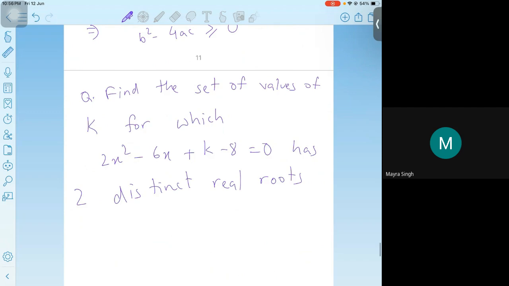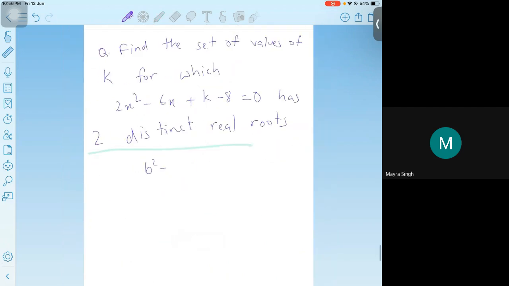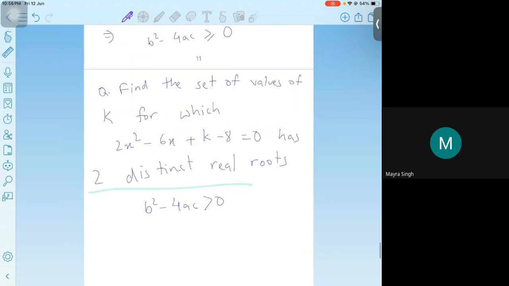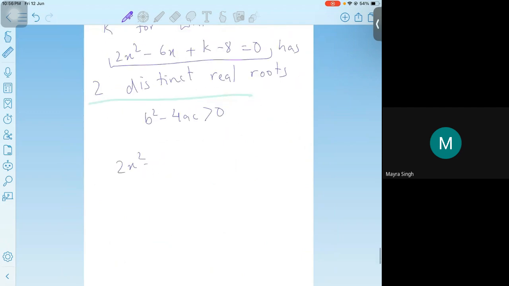Now, the first step always to solve these maths is going to be to look at the keywords here. So the keyword here is two distinct roots. And we know that this only happens when we have b squared minus 4ac is greater than 0. Do we not know this? We do. So let's write the equation once again. 2x squared minus 6x plus k minus 8 is equal to 0.